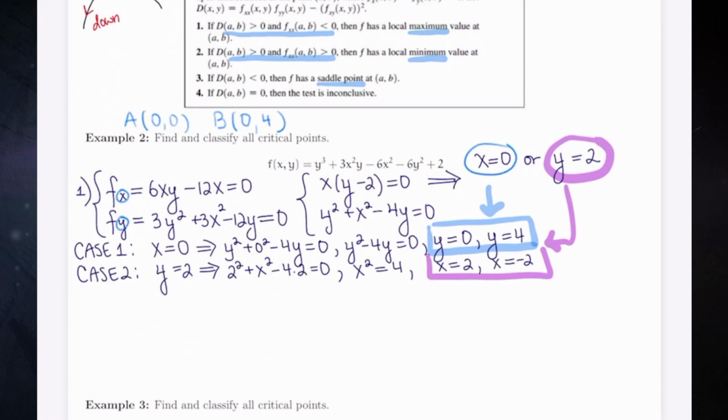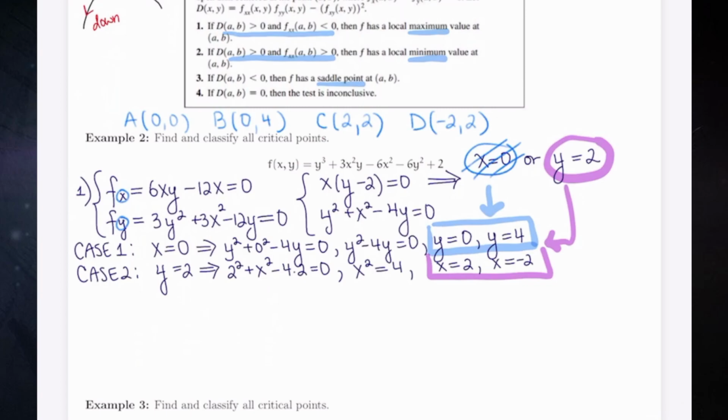And then let's call the next point C. We've exhausted this scenario. So now x can be 2 and y is also 2. Or point D, where x is -2 and y is equal to 2. So this is what we have for the points that are critical points.